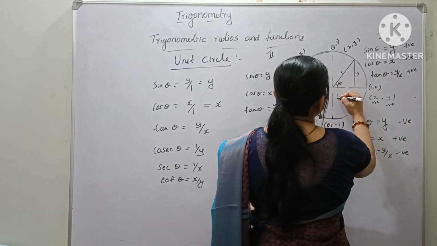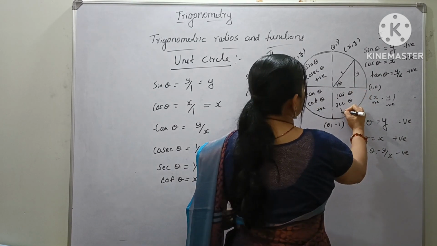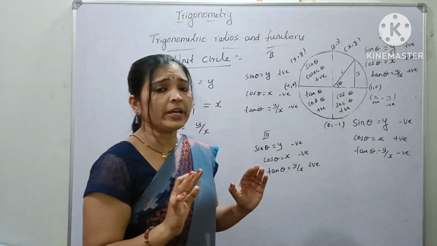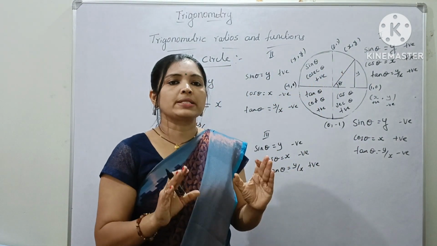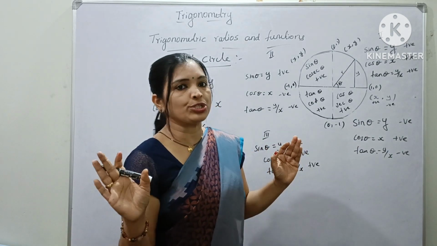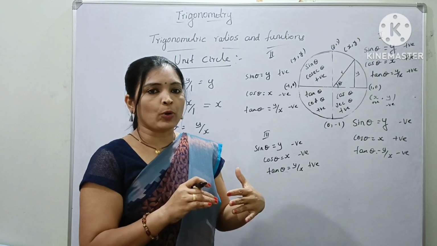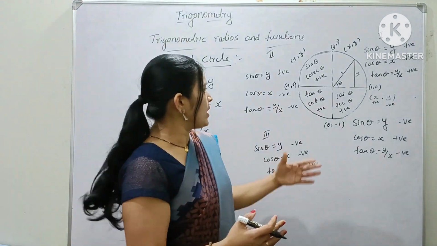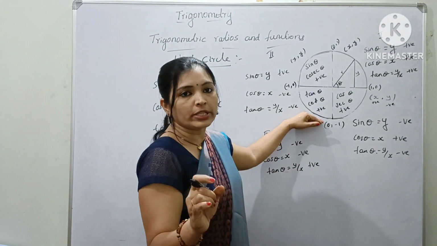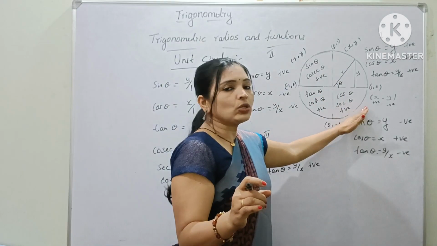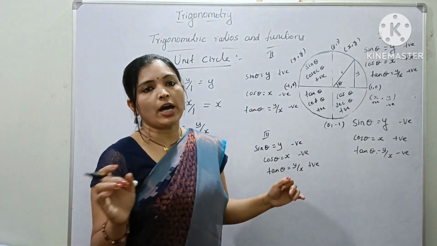So in the fourth quadrant, cos theta and sec theta are positive. Remember, it is very important. In the first quadrant, all 6 trigonometric functions are positive. In the second quadrant, sin theta and its reciprocal cosec theta are positive. In the third quadrant, tan theta and its reciprocal cot theta are positive. In the fourth quadrant, cos theta and its reciprocal sec theta are positive.